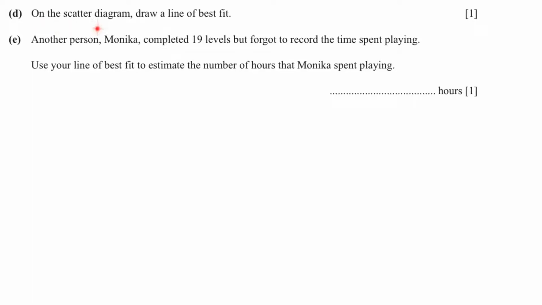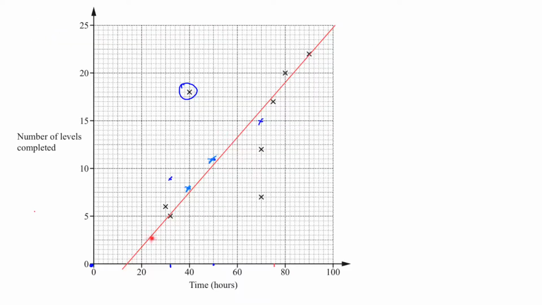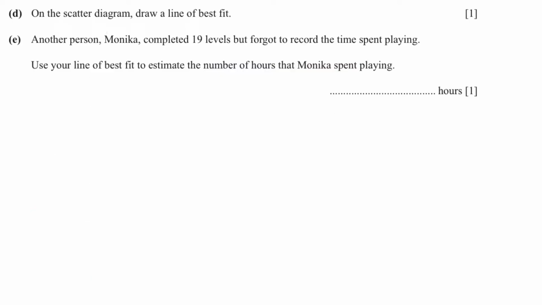On the scatter diagram, draw a line of best fit. So this is the line of best fit. Try to draw an equal number of points on the right and the left hand side of the line. Another person, Monica, completed 19 levels but forgot to record the time spent playing. Use your line of best fit to estimate the number of hours that Monica spent playing.